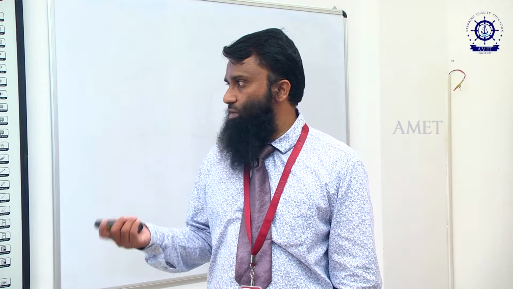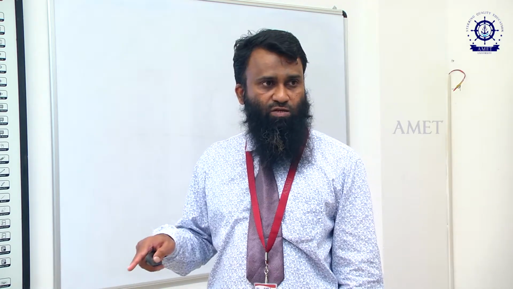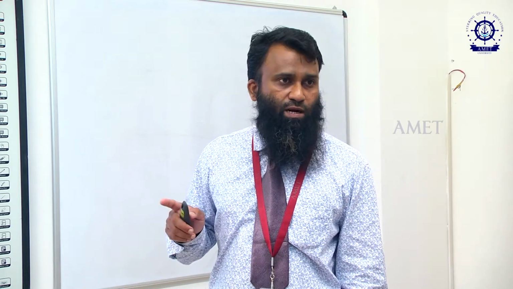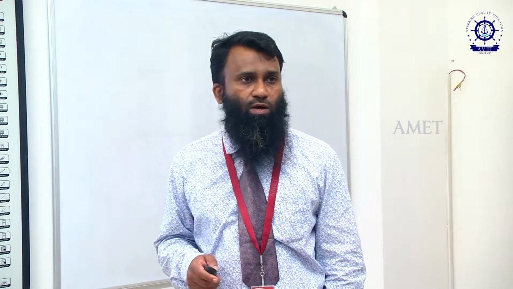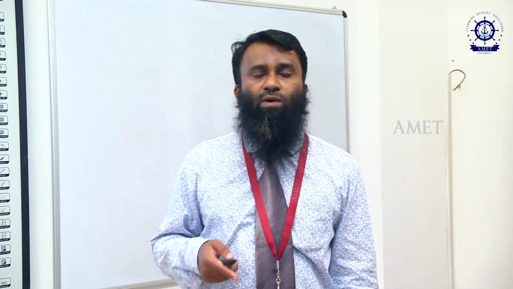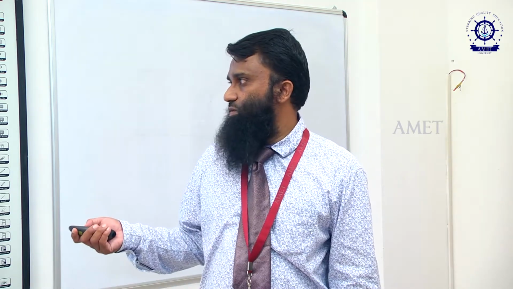So, volume of the fluid by mass of the fluid, I can write it as 1 by mass of the fluid by volume of the fluid, that is nothing but 1 by rho. Unit is what? It is meter cube by kg, that is volume in meter cube by mass in kg. So, that is the specific volume.